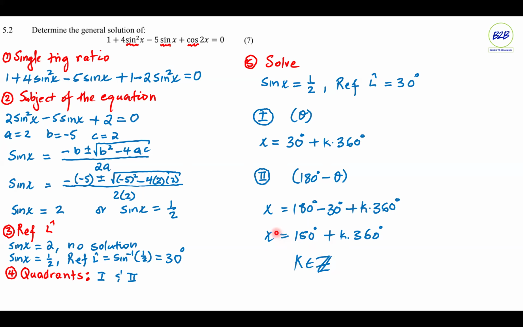All right, that was lovely. You don't necessarily have to write all of these steps in terms of writing the headings, like single trigonometric ratio. No, you don't have to write them. I'm just writing them for illustration and teaching purposes, so that at the back of your mind, you can reason properly and be like, okay, now what am I doing? I am making a single trigonometric ratio. When you are done, what am I then doing?